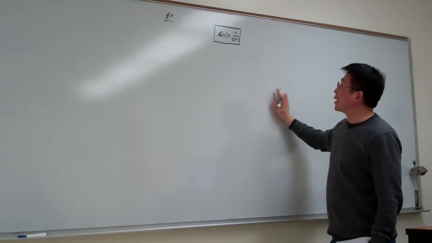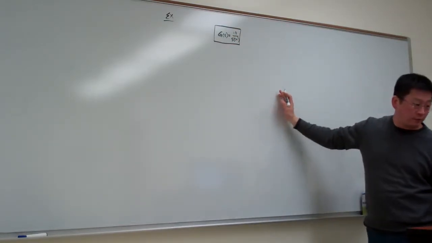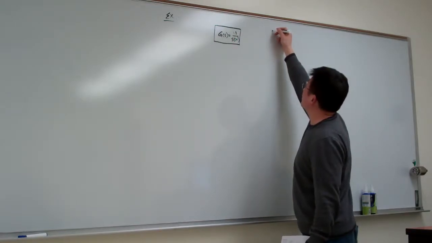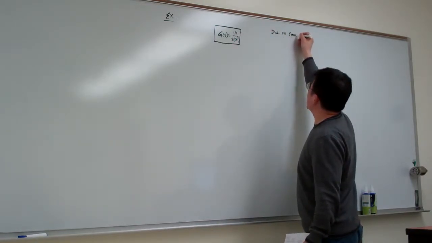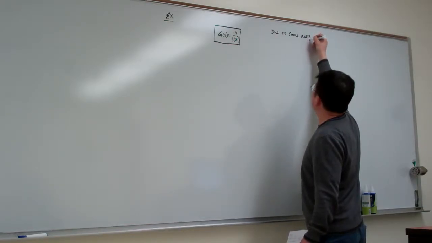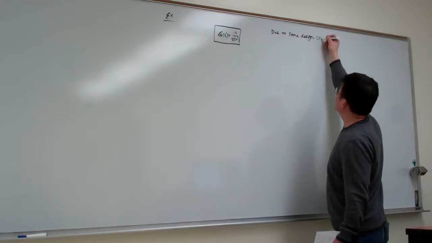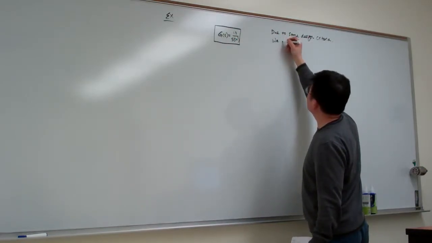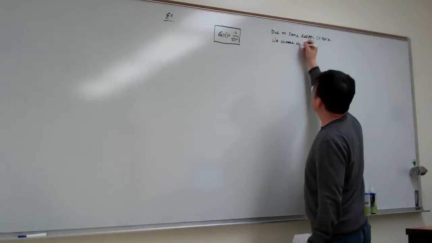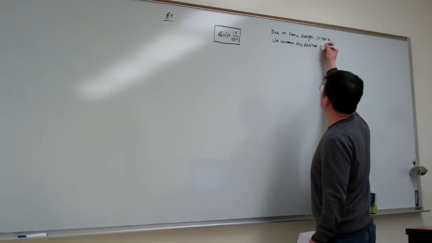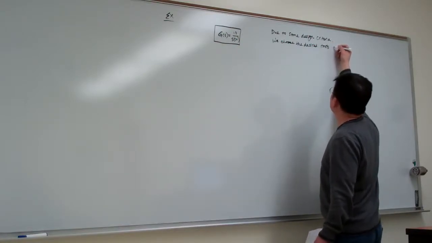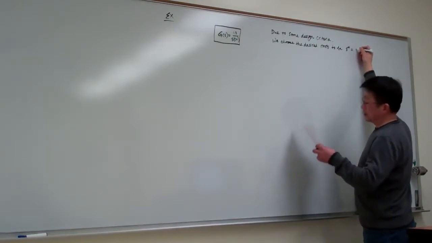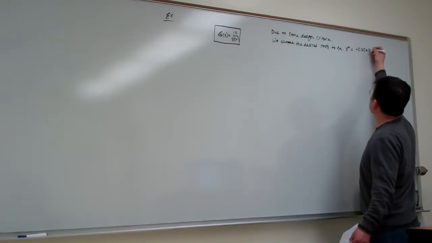Okay. And now for this one, for some reasons, due to some design criteria, we choose the desired root to be, for this example we're going to exercise, minus 0.25 plus or minus 0.25.